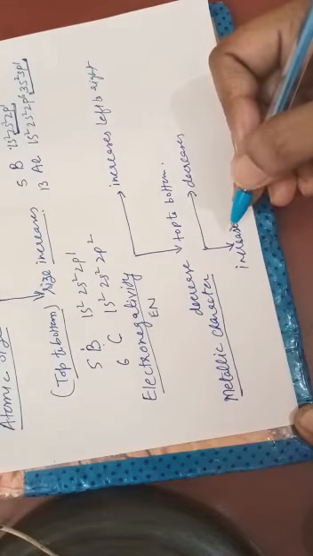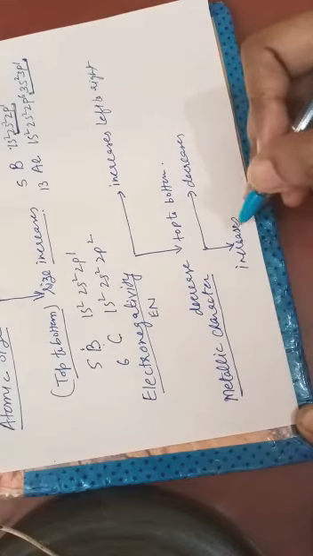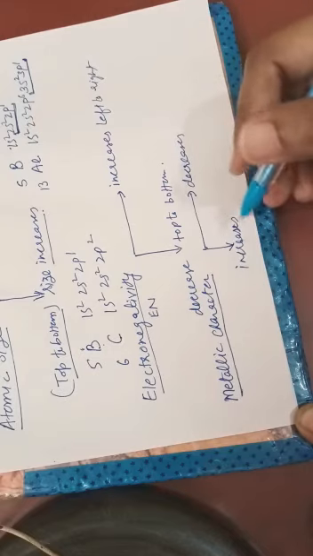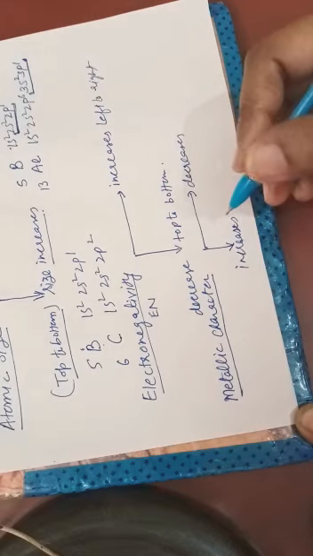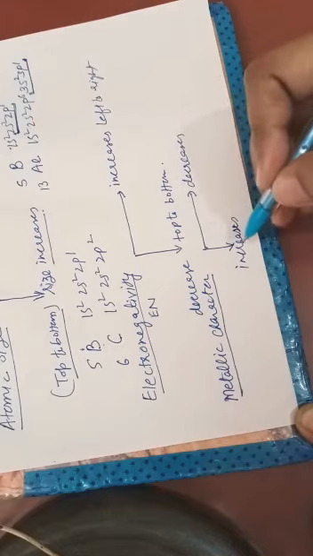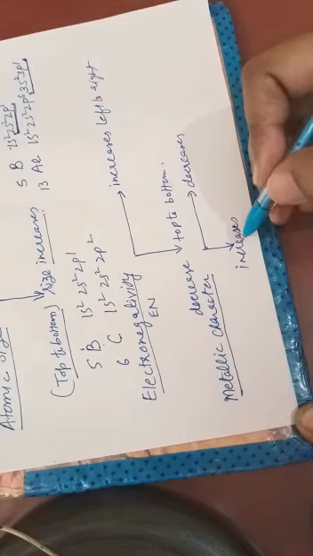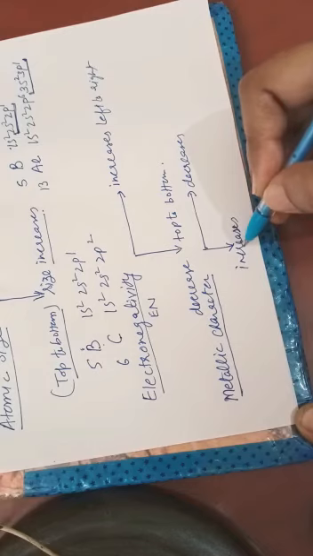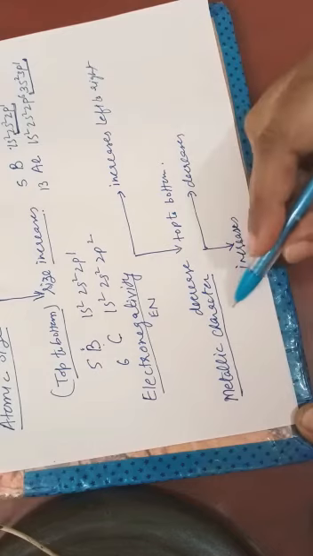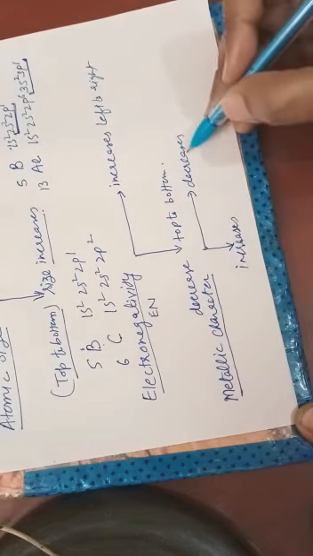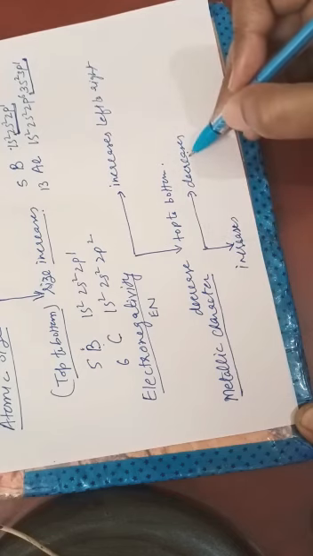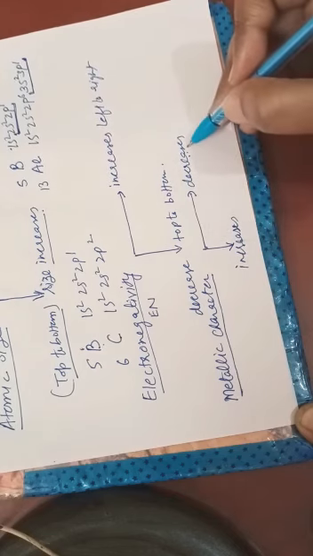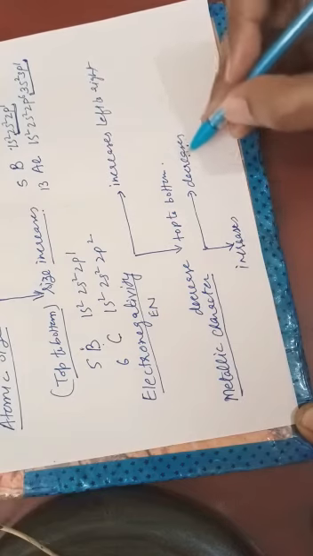When the effective nuclear charge decreases, losing an electron becomes easy, and that is the characteristic of metals. So metallic character increases top to bottom. But in the case of left to right, it decreases because effective nuclear charge increases, so it is very difficult to lose one electron.